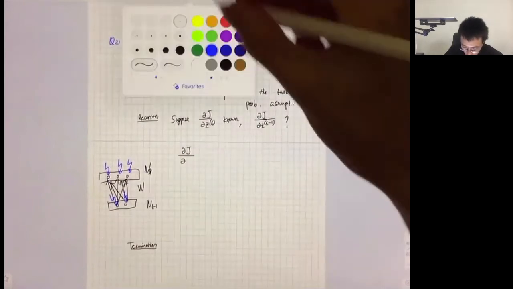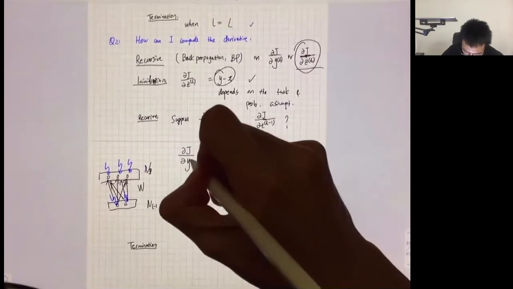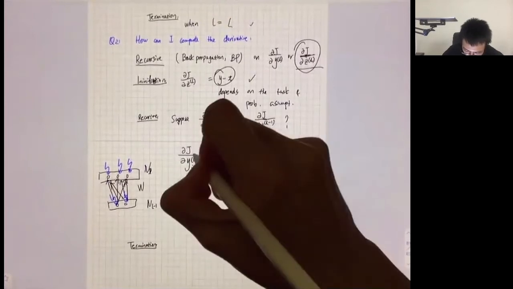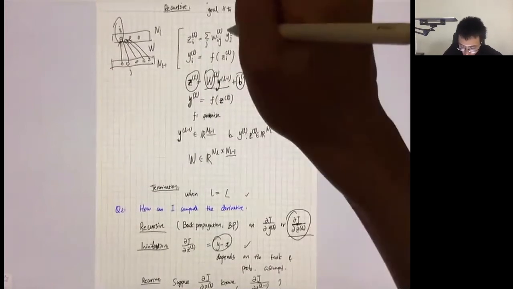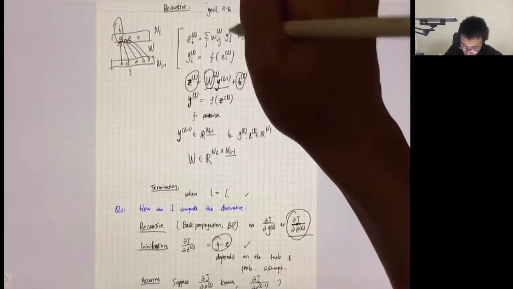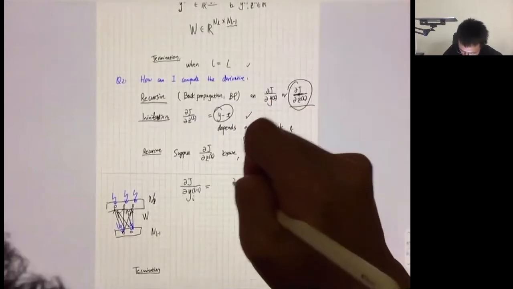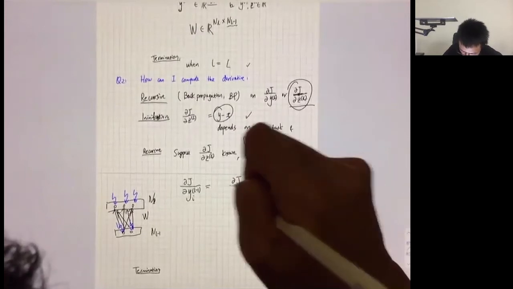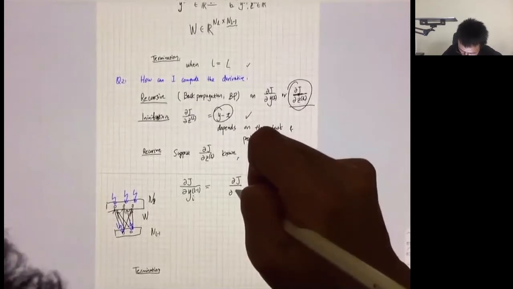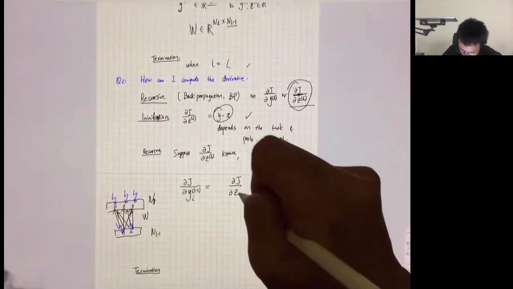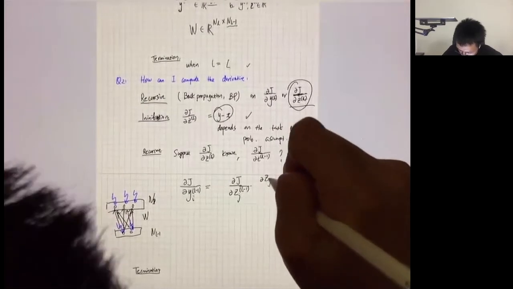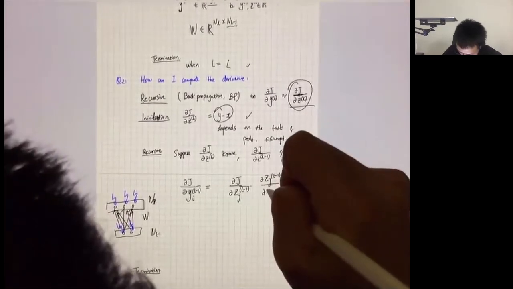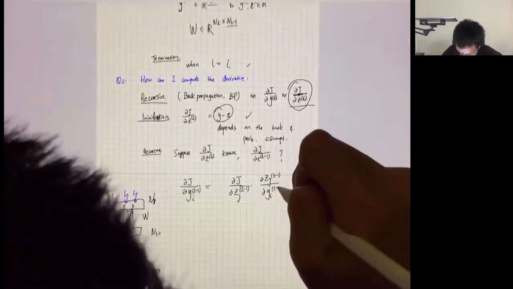So what I suggest is the partial derivative of J with respect to y L minus 1 for a particular i. It depends on how you compute it, right? And you compute it in this way. So the partial derivative of J with respect to this is the partial derivative of J with respect to Cj L minus 1 times the partial derivative of Cj L minus 1 divided by partial derivative of y L minus 1, okay?